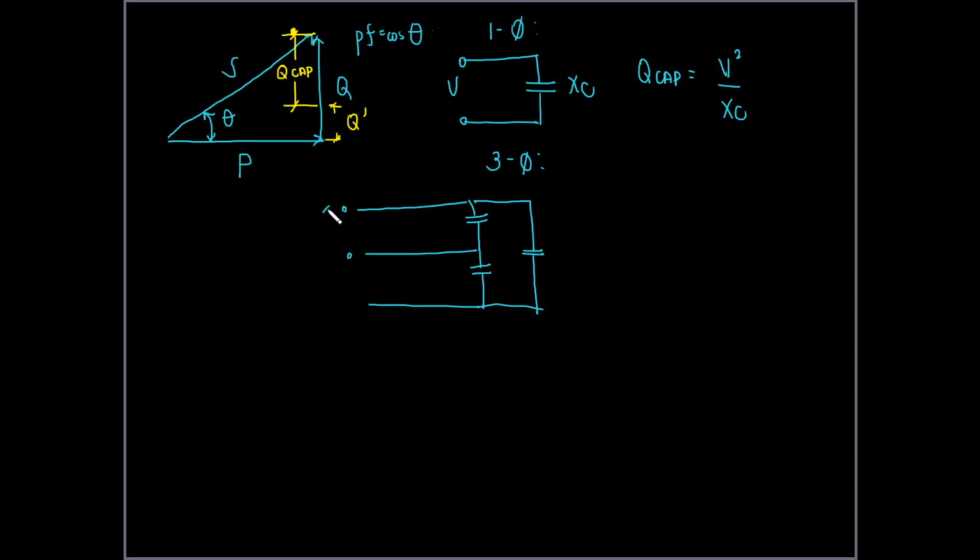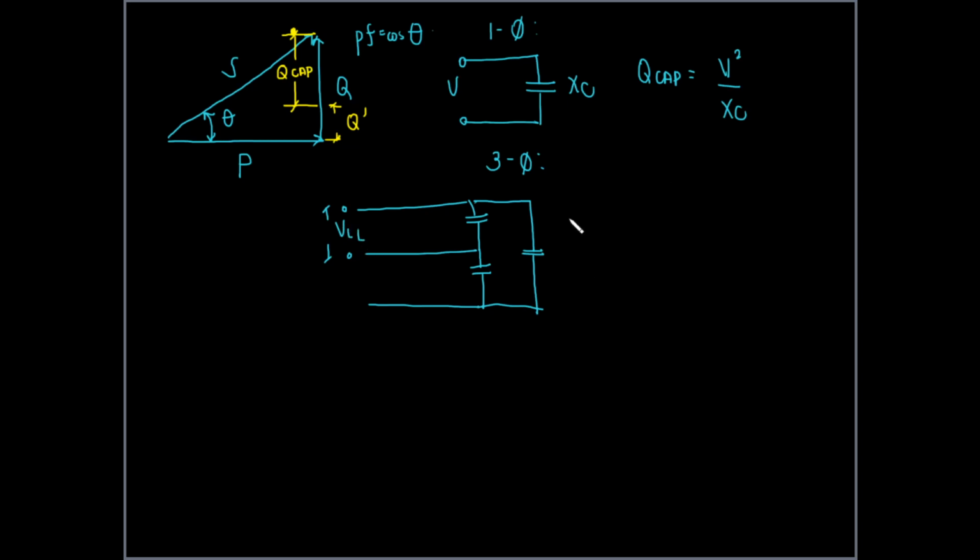Remember that the only complicated thing about three-phase systems is that you have two voltages. You can have two voltages, especially if it's three-phase four wire, because the fourth one is your neutral. So if you're taking the voltage across these two lines, that's your line to line voltage.